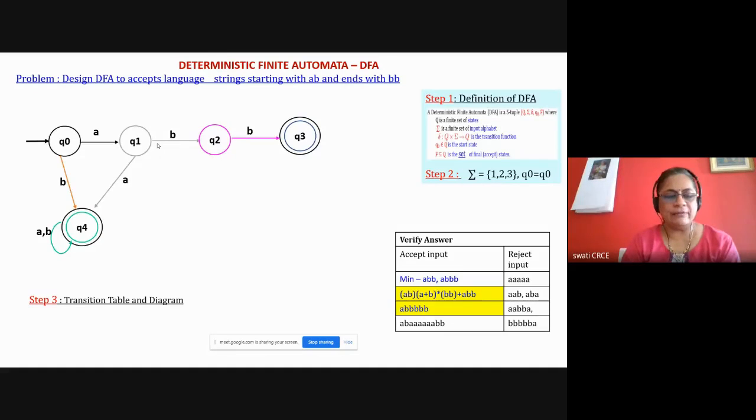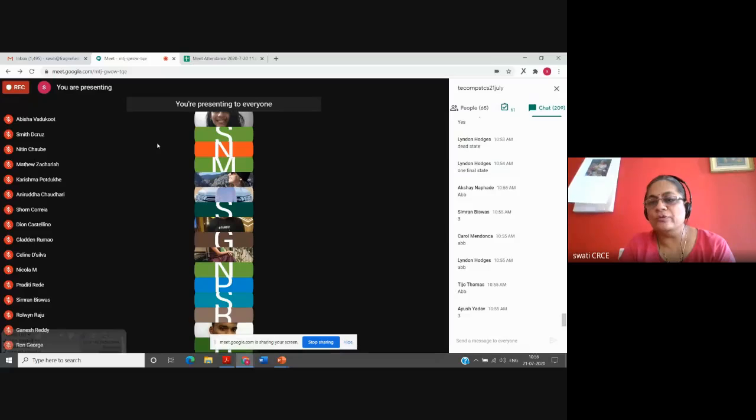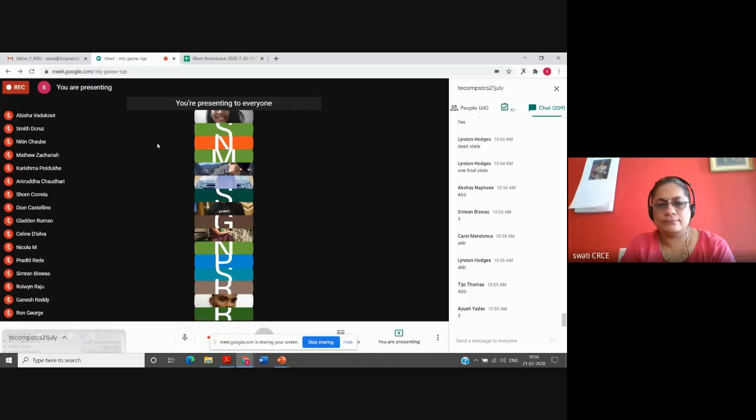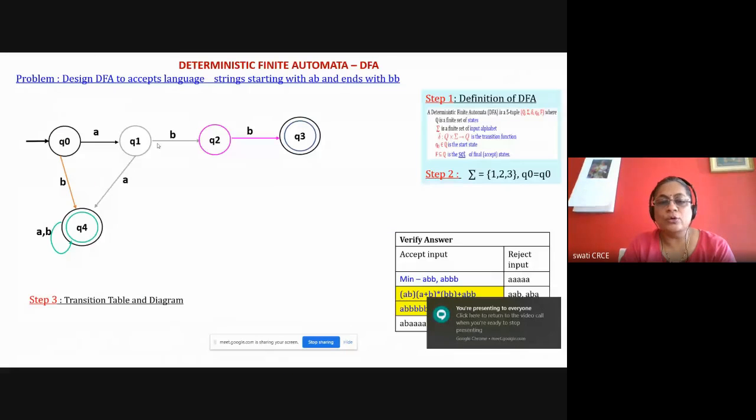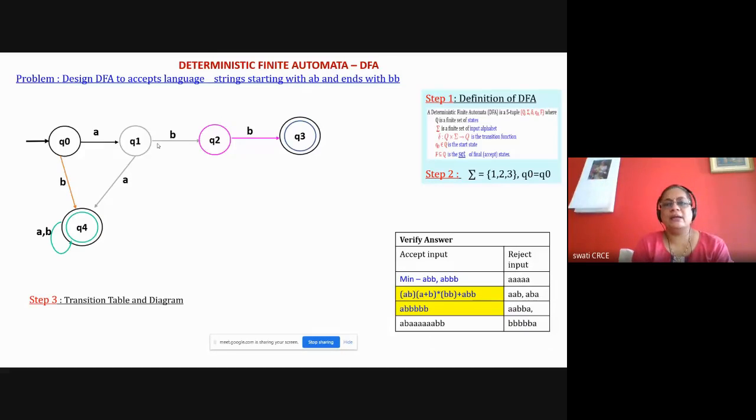In Q2 with A, what should I do? Will it be a dead state? My string is becoming ABA, but it can have ABA double B. Then it should be accepted. ABA double B should be accepted.